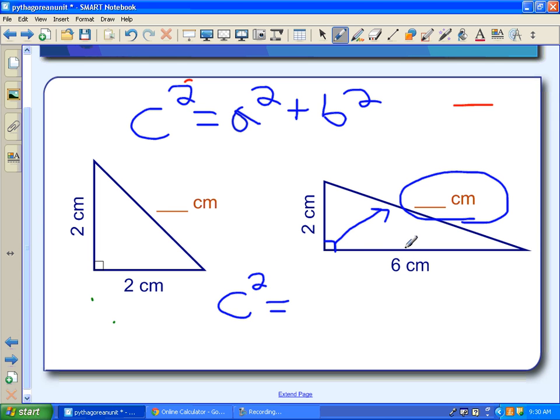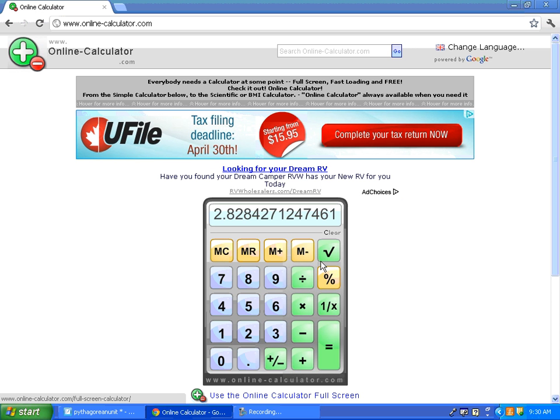Does it matter which one we pick as A and B? No, not really. So I'm going to pick this as A, so I'll go 2 squared plus 6 squared, and there you go. Now, C squared will now equal, what's 2 squared? If I didn't know that, I just put 2 into my calculator, and then I times it by 2 again.